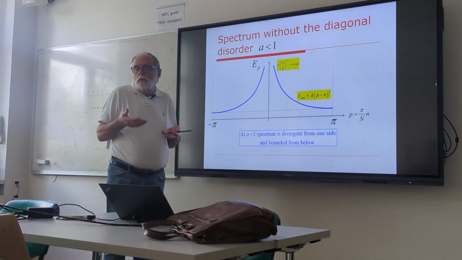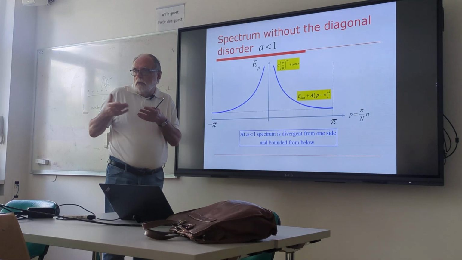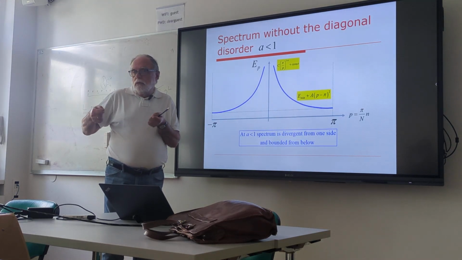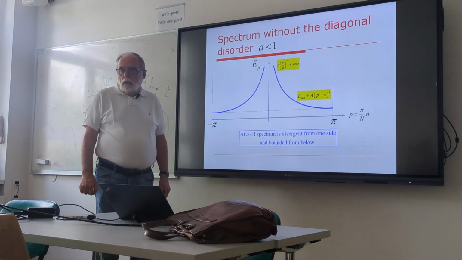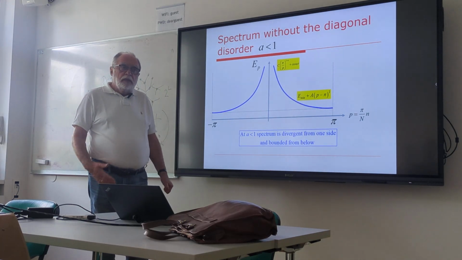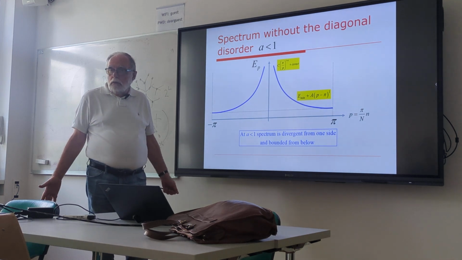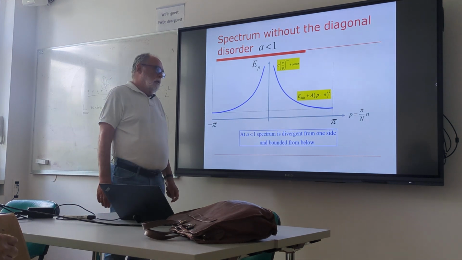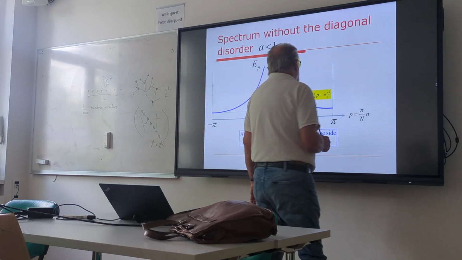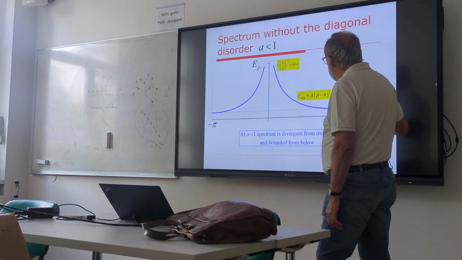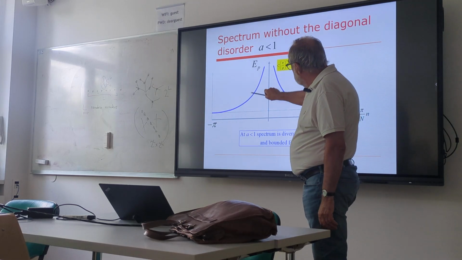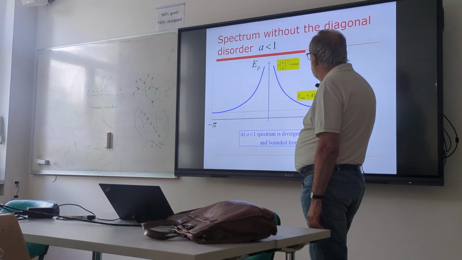This spectrum is computed just by Fourier transform, because if you have a Hamiltonian which depends on n minus m, you make a Fourier transform to come to the momentum space, and then things are simple. You can do this exercise, and what you obtain for a smaller than 1 is that the spectrum is like this.